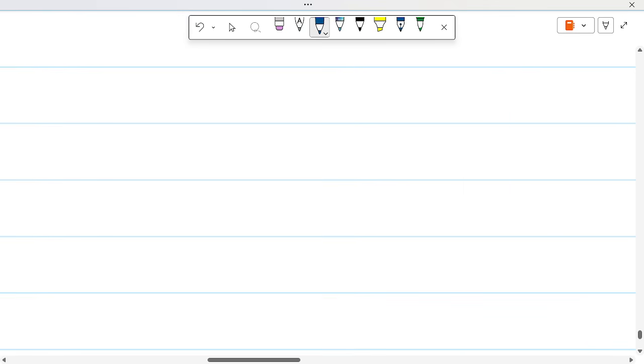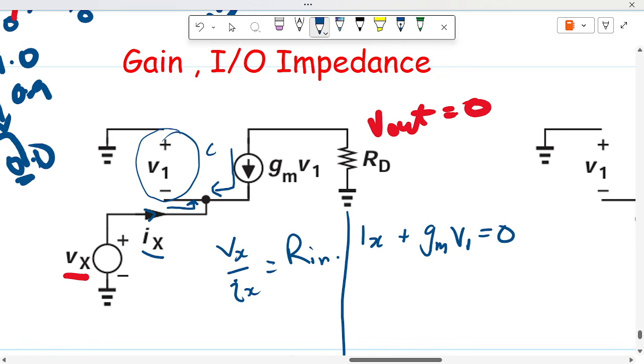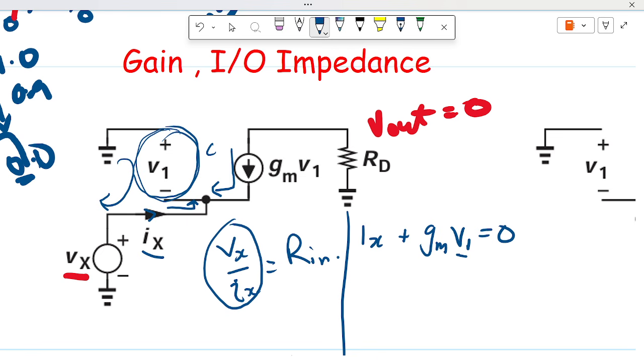Now once again, we want to find a relationship between V1 and Vx, because at the end we want the ratio between Vx and Ix, not V1. So V1 being the controlling voltage, as we did earlier on, V1 is going to be the negative of Vx. So all I will do is write Ix plus Gm negative Vx, and it should be equal to 0.